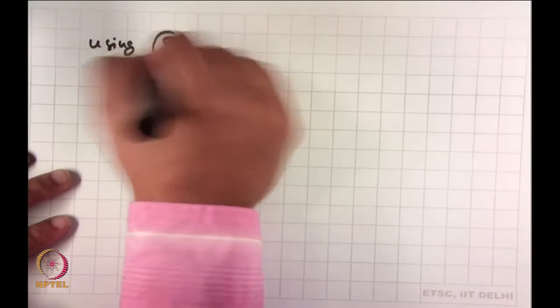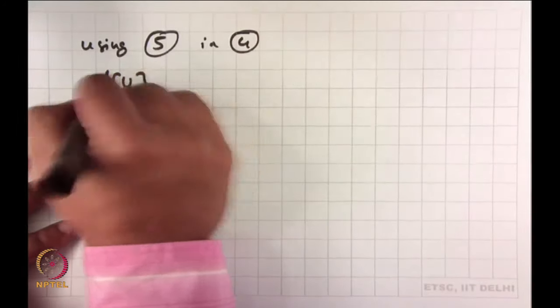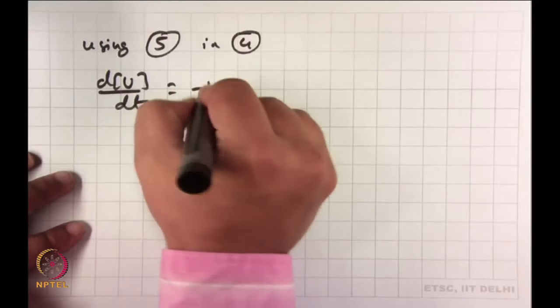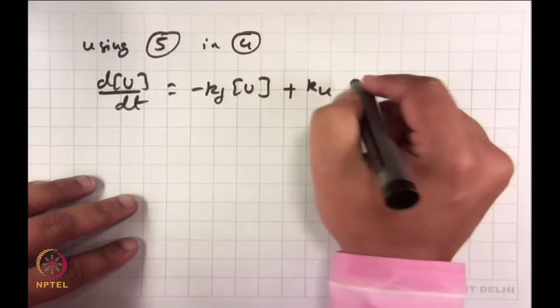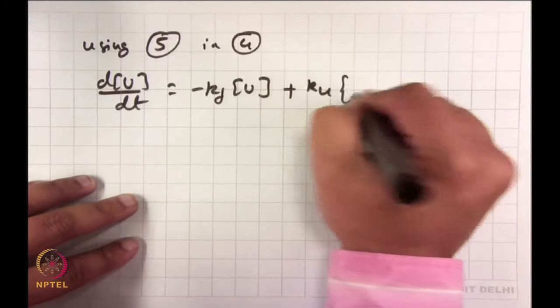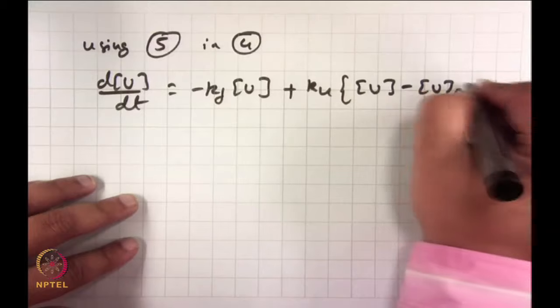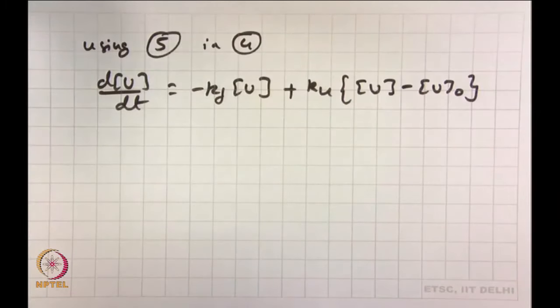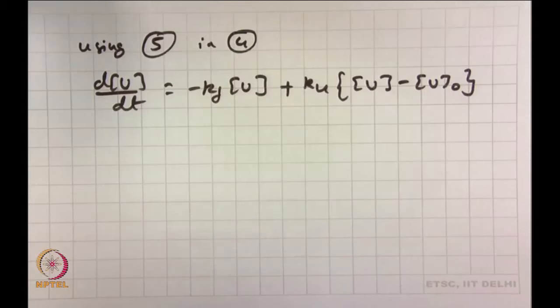Using 5 in 4, we can write d of u over d of t is equal to minus kf times concentration of u plus ku. Now, I replace concentration of f by u naught minus concentration of u. I have not done much, I have just replaced f, that is it.